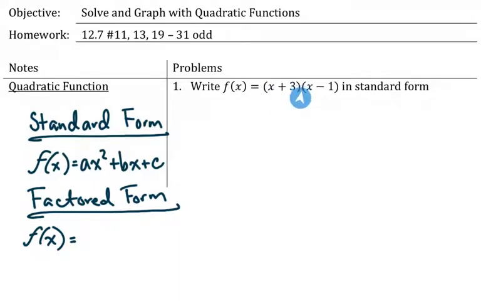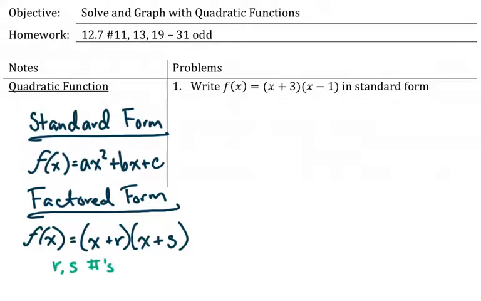So these are two factors multiplied by each other, and the factored form is going to have an x in the front of two sets of parentheses, and then plus some r, some s. As you can see here in the example, our r is plus 3, and here s is minus 1. So r and s are numbers, and just like in standard form, they can equal 0. Obviously they're not always going to, but it's just fine if they do.